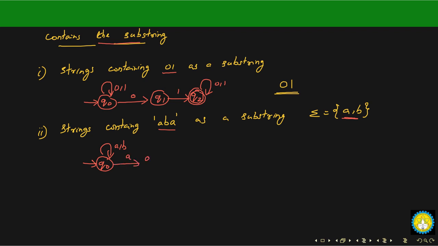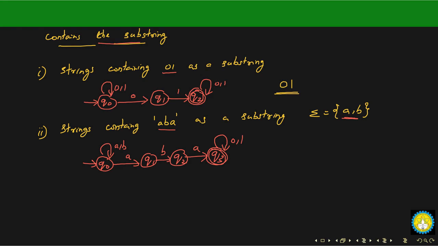If you see an A, then you are at Q1. Then if you see a B, you are at Q2. And then if you see an A, you are at Q3, and that's going to be your final state. And from there you can see anything, because this is a substring.